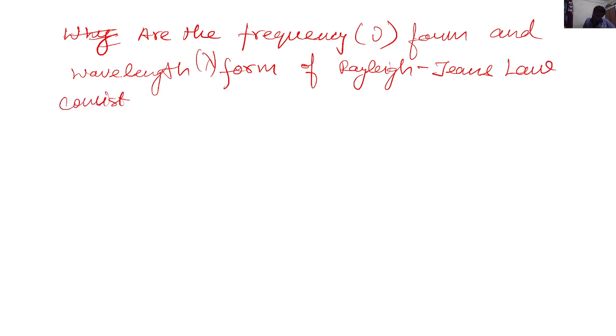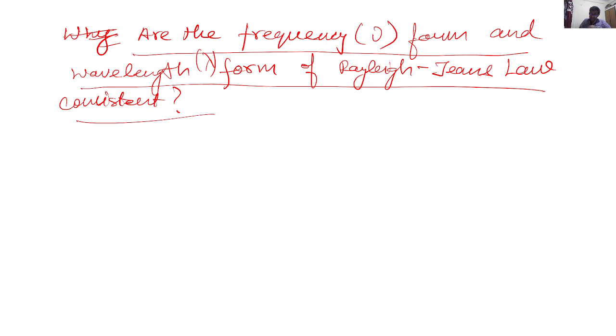Are they even consistent with each other? Because they're definitely not following a very fundamental relationship between the frequency and the wavelength of electromagnetic radiation, that is c equal to nu lambda. So are they consistent? They in fact are very consistent, and I'm telling you why. I'm actually going to write the reason behind the consistency.